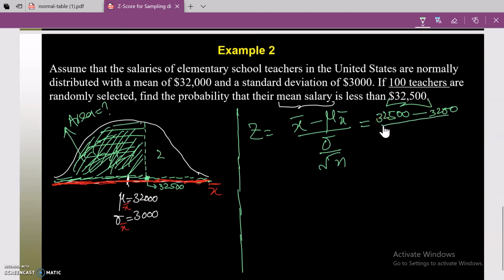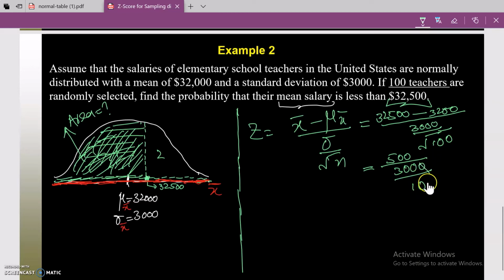Divided by the standard deviation, which is 3,000, divided by the square root of the sample size. The sample size is 100; 100 people are randomly selected. We're going to do some computation here. 32,500 minus 32,000 is 500. Simple calculation. Divided by 3,000 over the square root of 100, which is 10.